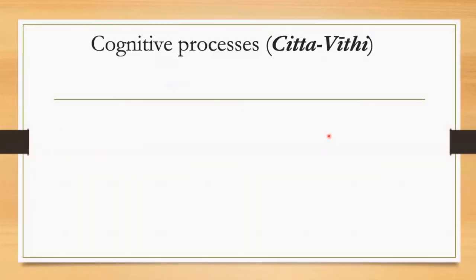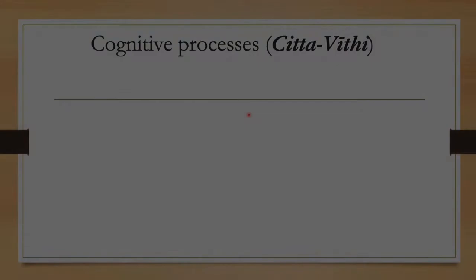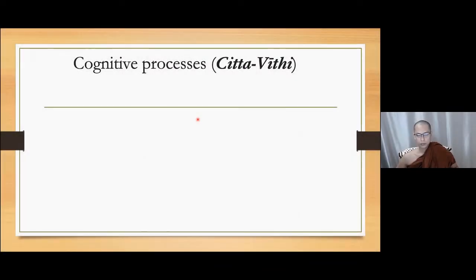Okay, before we continue our study, we have to think about what we have studied in the 3 chapters of Abhidhamma Sangha: the Chitta chapter, Chittasika chapter, and Pakinaka chapter. The Chitta chapter mentioned the classification of consciousness in different ways.